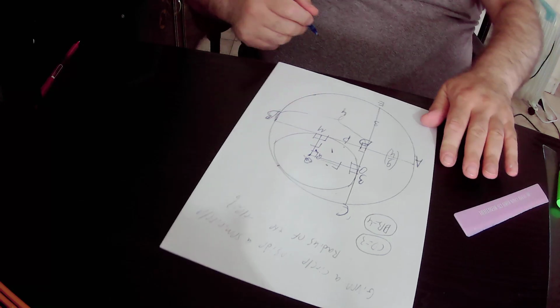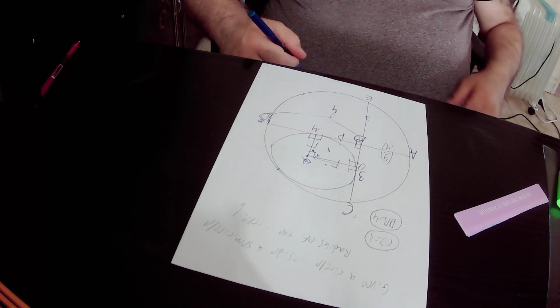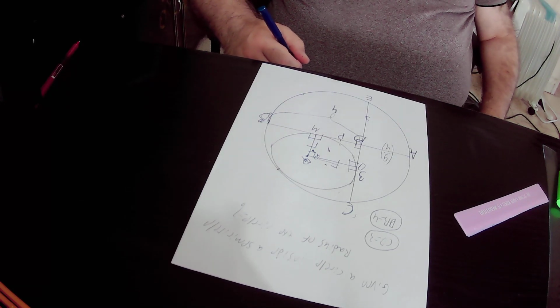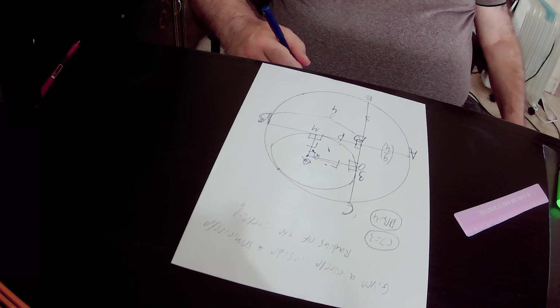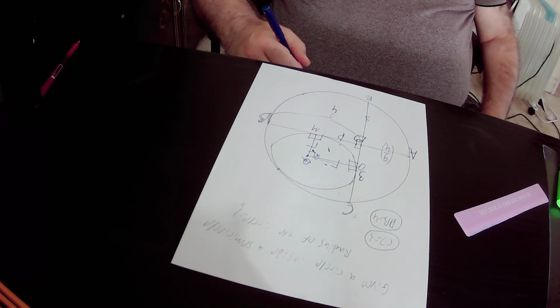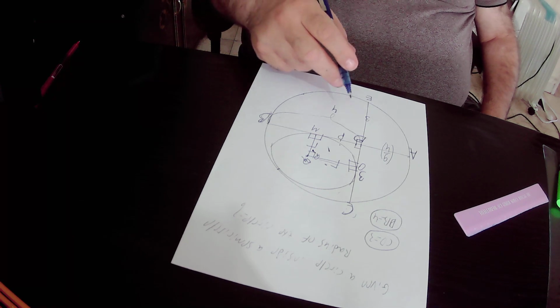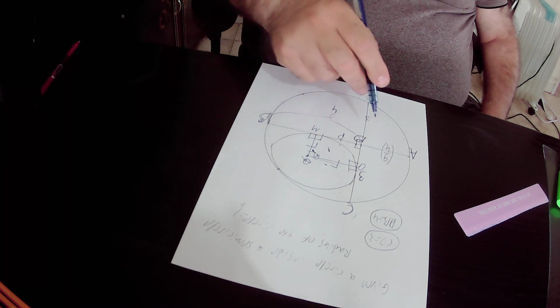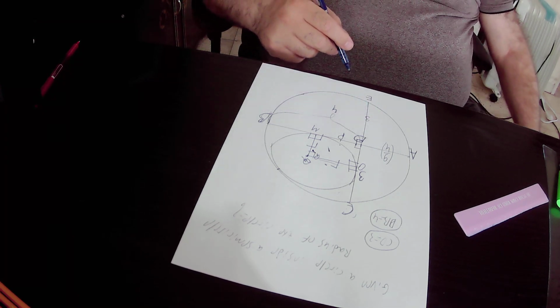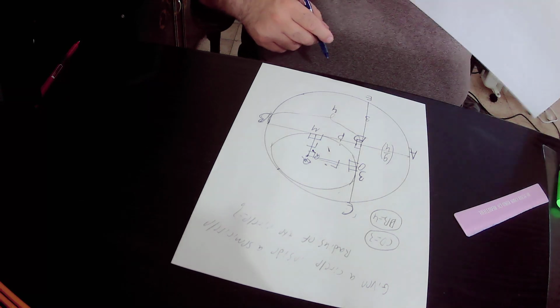So actually, quadrilateral OQDM has four right angles. And we know that any quadrilateral that has four right angles must be at least a rectangle. So we will treat quadrilateral OQDM as a rectangle. I write it down.